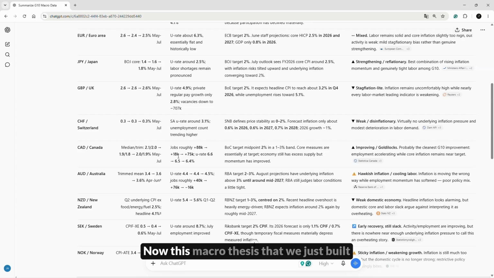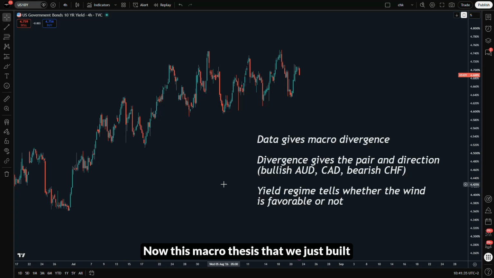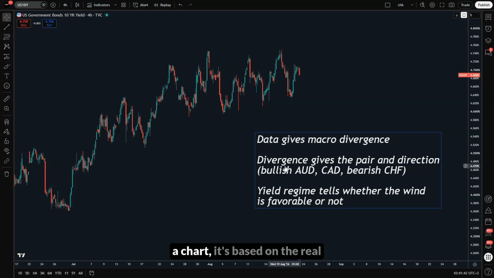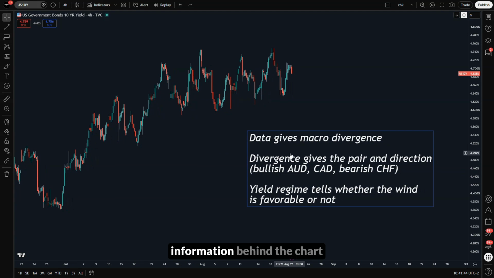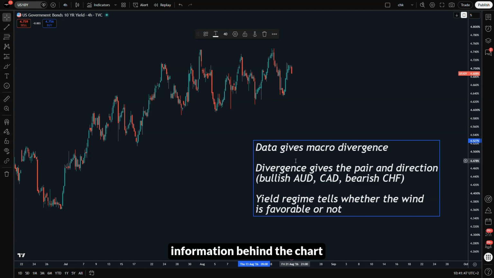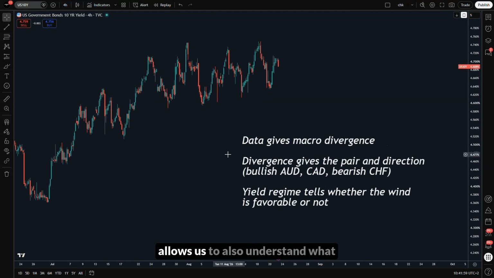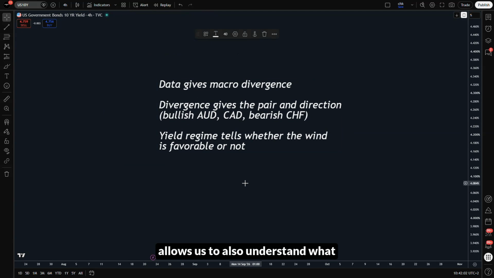Now, this macro thesis that we just built is something that has meaning behind it. It's not just based on a level on a chart, it's based on the real information behind the chart. And understanding exactly the thesis allows us to also understand what could invalidate the thesis, okay?